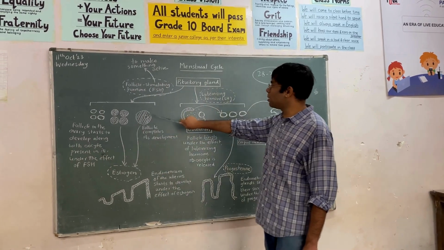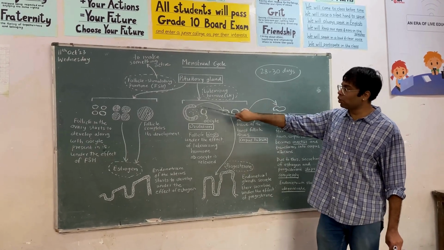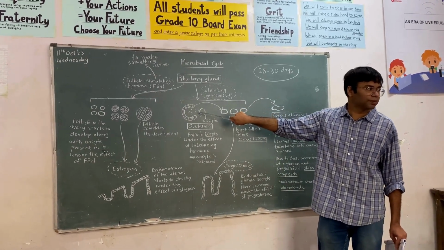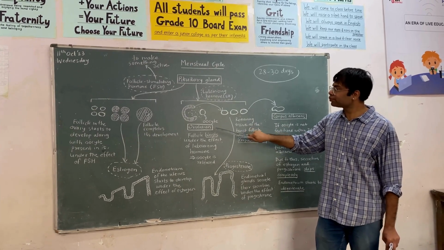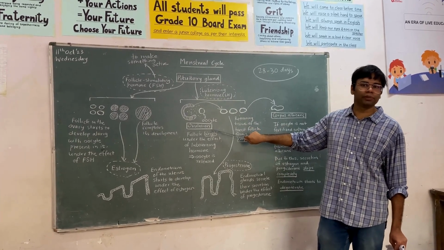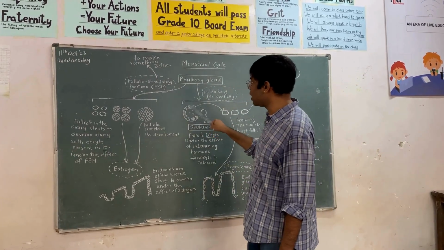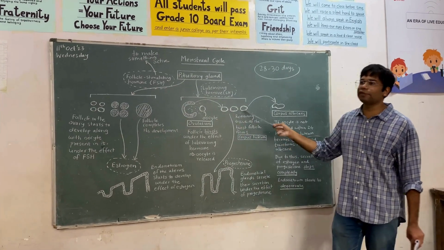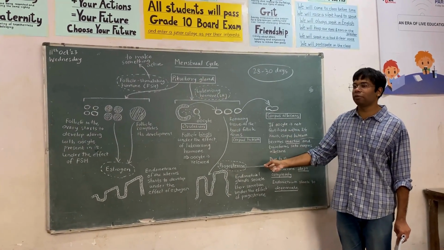Once the follicle completes its development, it requires luteinizing hormone so that it can burst. Once it bursts, an oocyte is released. This is called ovulation. Once the oocyte is released, the remaining part of the burst follicle transforms into corpus luteum. Clear? The corpus luteum is secreting progesterone.